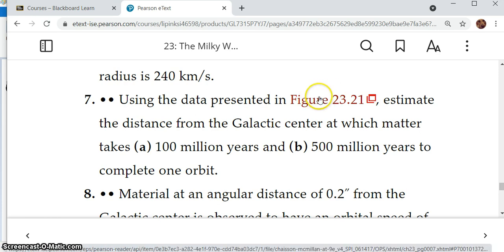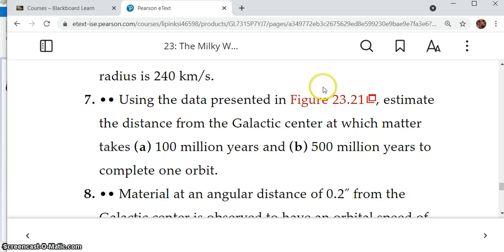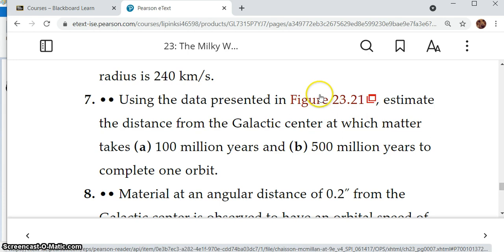The key thing is the figure. It shows the distance in kiloparsecs on the x-axis, and on the y-axis the velocities in hundreds of kilometers per second.